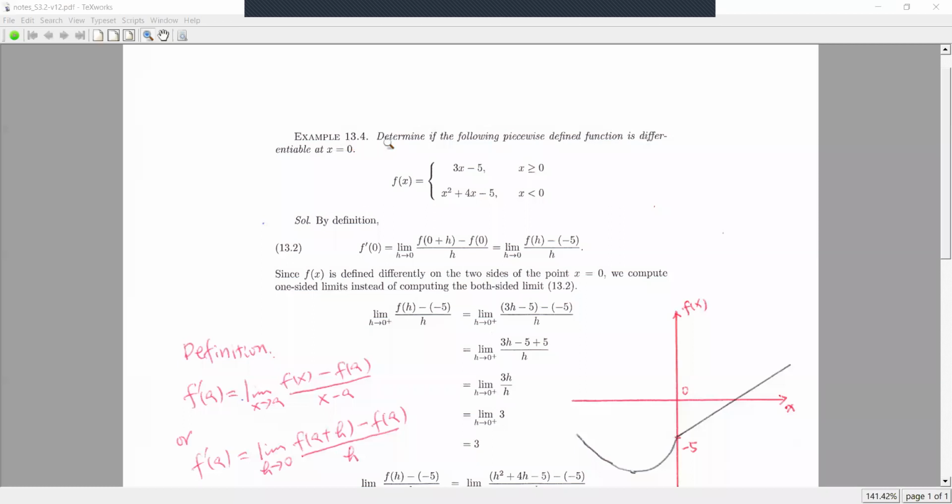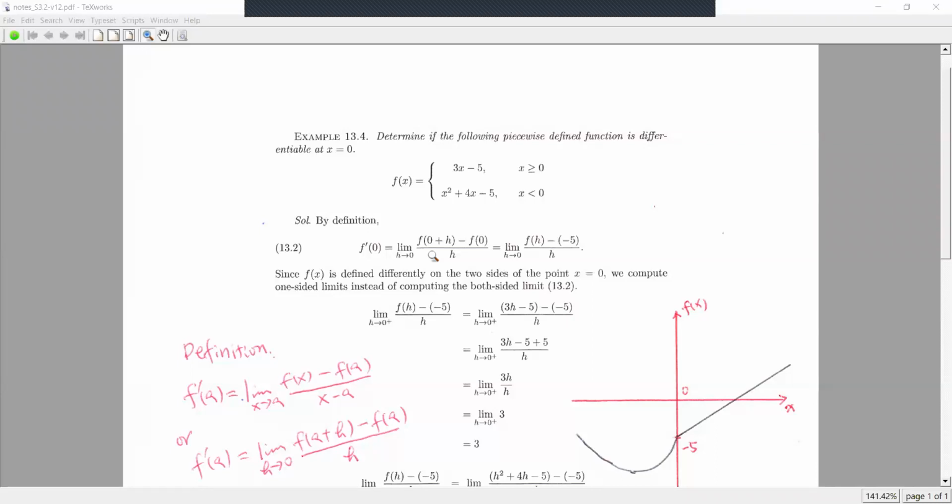Example 2. Determine if this function is differentiable at point 0. By definition is here. Derivative at point 0 is this two-sided limit. If this limit exists, then the function f is differentiable at point 0.